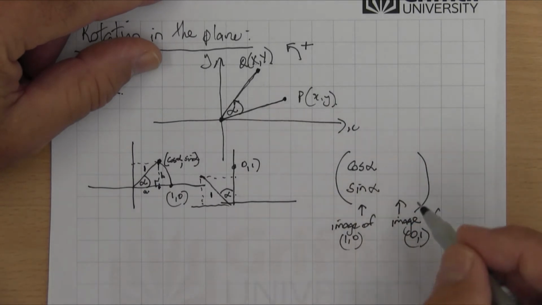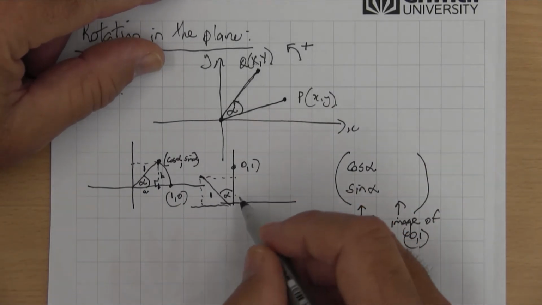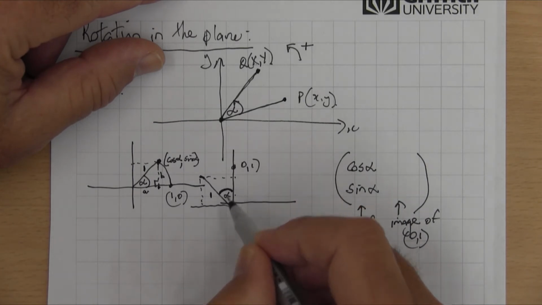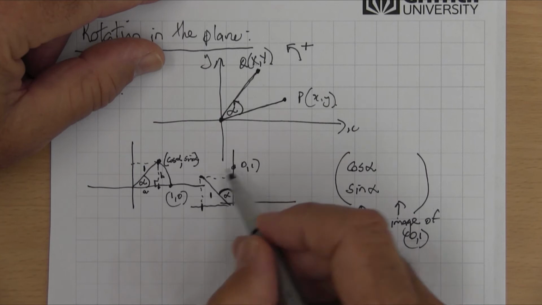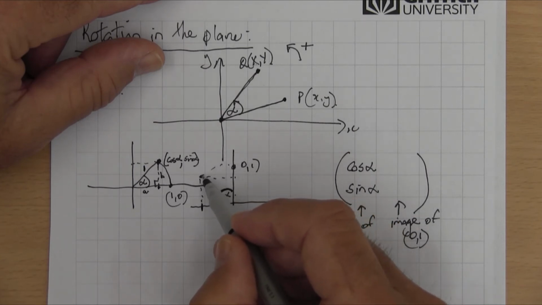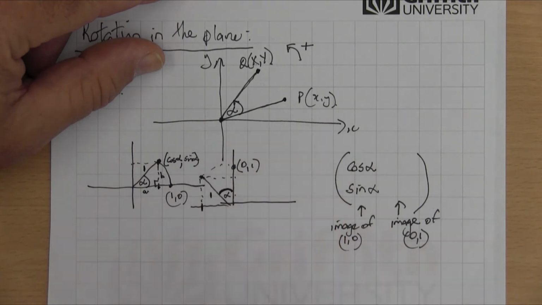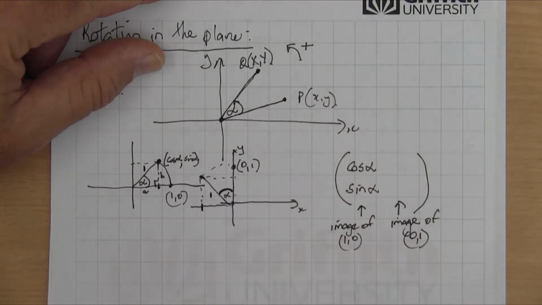Okay, so in this diagram here, that point there, we want to find out what happens to 0, 1. We know the x-coordinate here is going to be 0 because this is my x and this is my y.